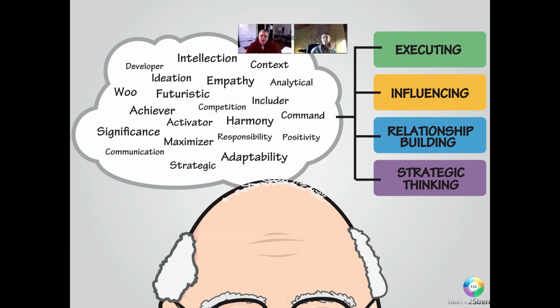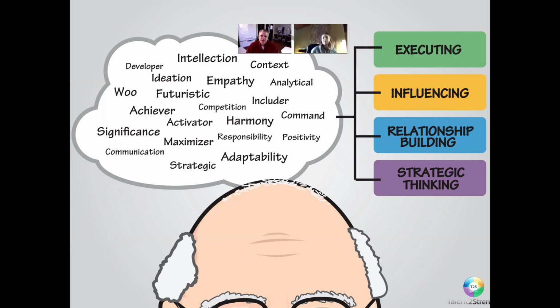So there's some planning or thinking involved in your responsibility theme, and you build relationships with it. The people in your life find you to be reliable, and you do what you say you're going to do, and that builds trust, and so that builds relationships. And you can use your responsibility theme to influence others. Maybe you're the only one in the meeting who says, wait a minute, guys, we made a commitment to reach this goal, so we need to do it. And then everybody's like, yes, Jennifer for president, and you influence people. And I could do that with every theme. I could show how every theme could fit into all 4 of the categories.